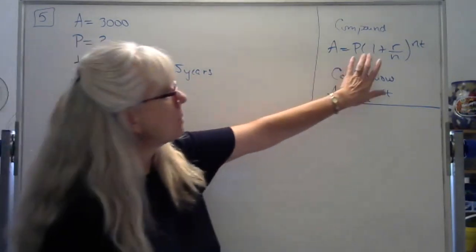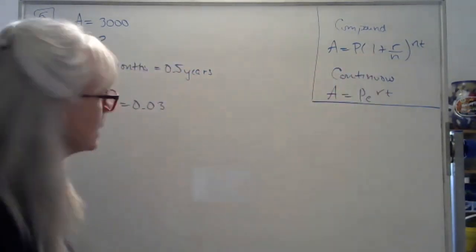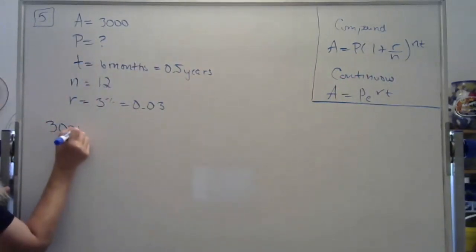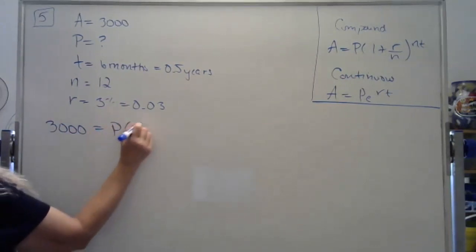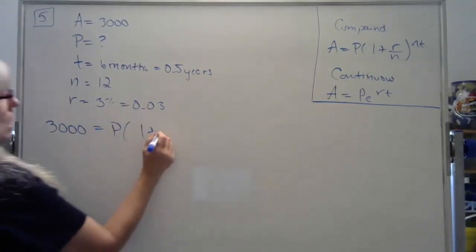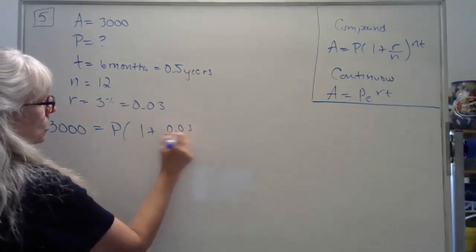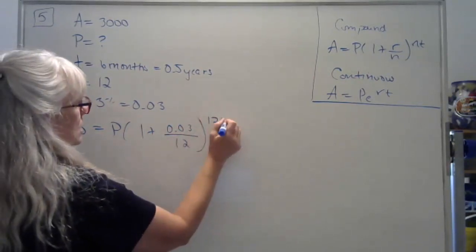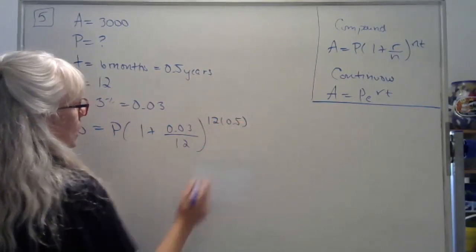We're going to pick up our compound interest formula with the N in it and plug the numbers in. So 3,000 is equal to P times (1 plus 0.03, my interest rate, divided by 12) to the 12 times 0.5.